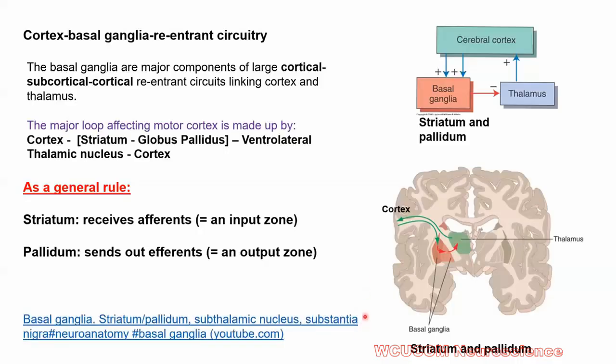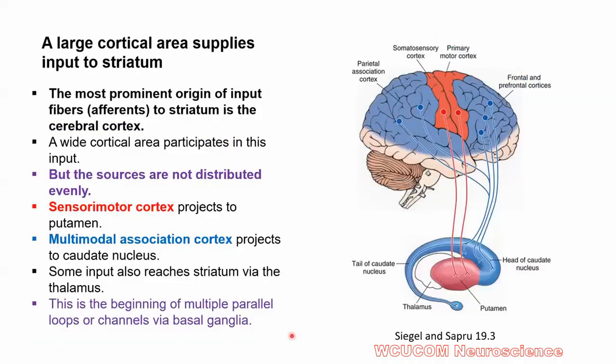Having said that, I also recommend, if you need reviewing, you can watch this video here. We need to recognize that a large and very wide cortical area contributes to the afferents that go into the striatum. And specifically, there is an uneven distribution of these afferents.